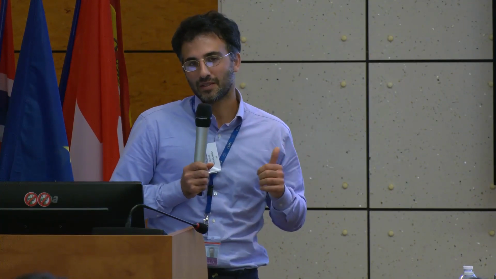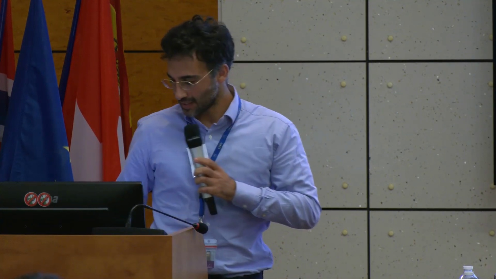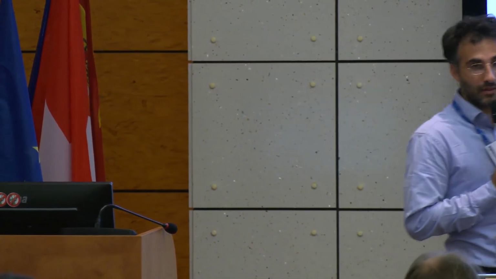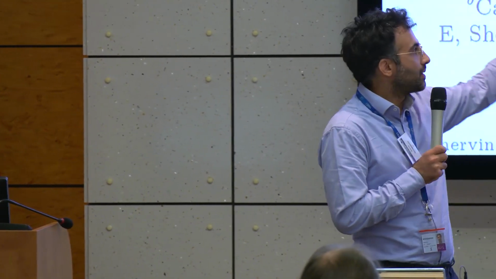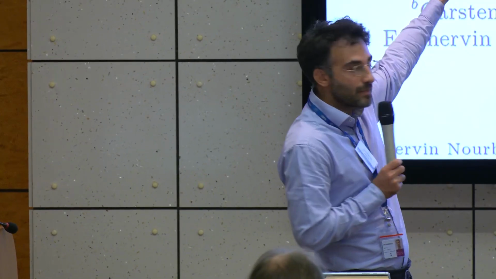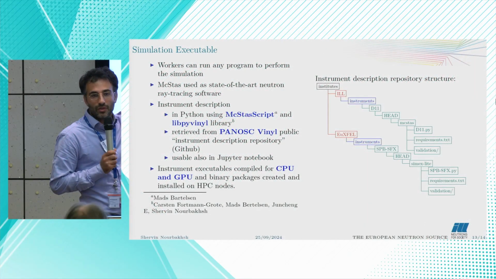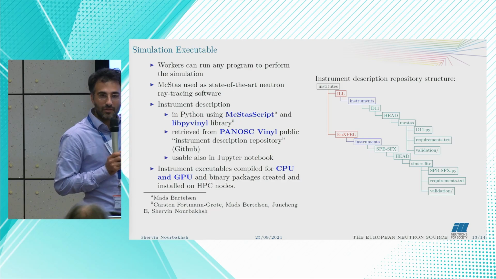So for ILL, the instruments are not changing that fast. So they keep running for years. But as I was saying, the description here is done in Python. So in this case, because we are using this libpyvinyl library with McStas script, if you know what you are doing, so if you know how to describe the instrument with McStas script, in one day you can describe a new instrument.